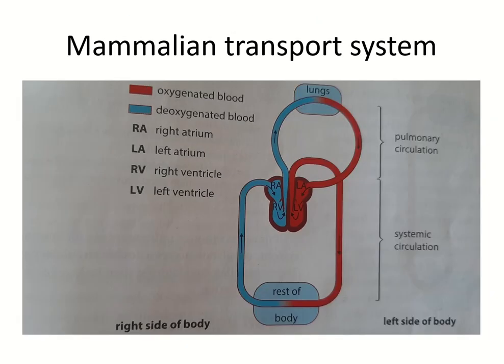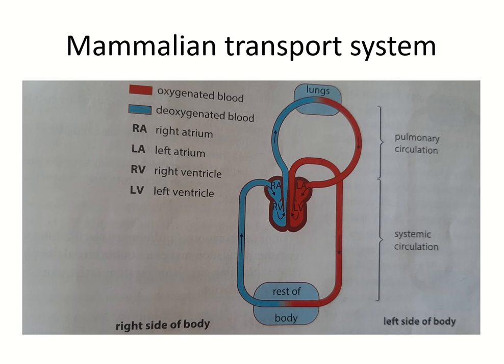This diagram is going to show the mammalian transport system, which is actually a complete transport system. Two organs are involved: lungs and heart. Lungs exchange gases between the blood and the air sacs.